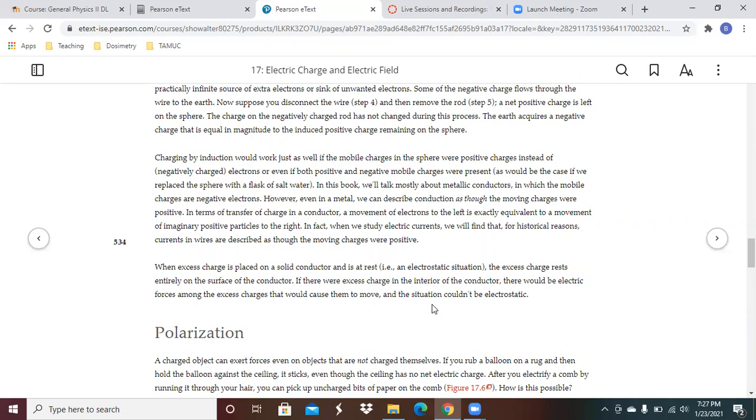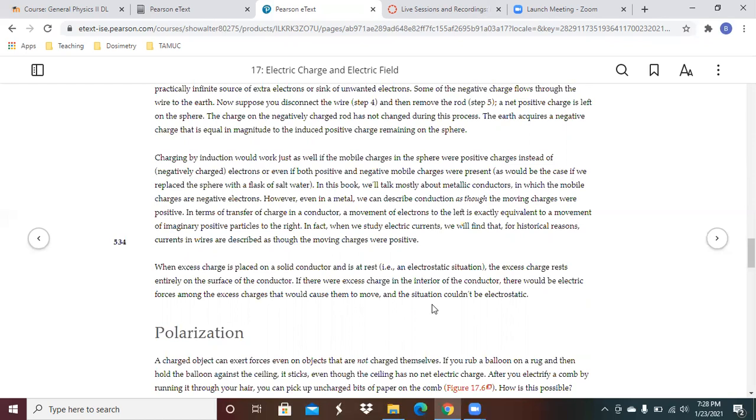What we're going to talk about mostly in this book is metallic conductors in which the mobile charges are negative charges. But even in a metal, we can describe conduction as though the moving charges were actually positive. In terms of transfer of charge in a conductor, a movement of electrons to the left is exactly equivalent to a movement of imaginary positive particles to the right.